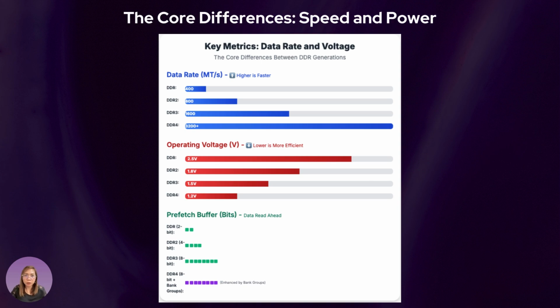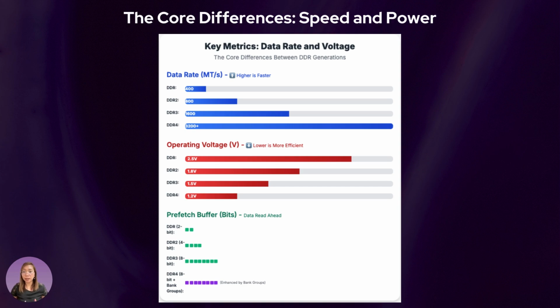When we look at this key visualization, which shows the data rate, the voltage, and the core differences between the DDR generations, and at the two metrics of speed and power, each generation represents a massive leap in how much data can actually move.